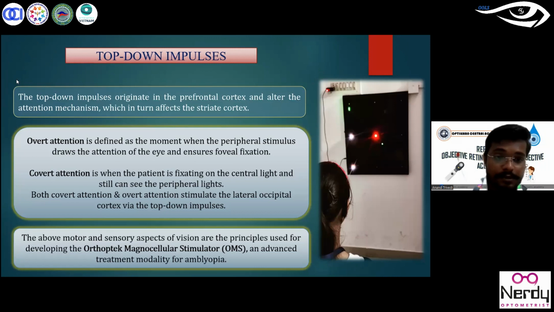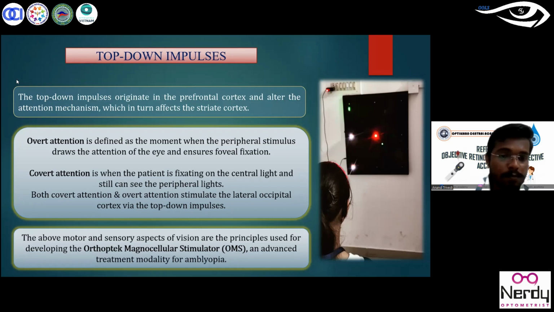There are two types of attention: overt attention and covert attention. Overt attention is when a peripheral stimulus draws the attention of the eye and ensures foveal fixation. Covert attention is when the patient is fixating on the central light and still can see the peripheral lights. Both attentions stimulate the lateral occipital cortex via top-down impulses.